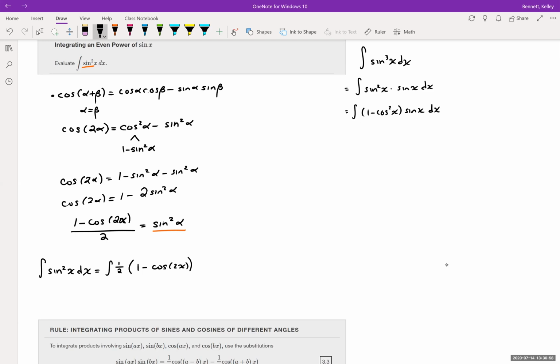If I had 10x, this would become 20x. And we don't even need a u sub for this. So this is just going to be x minus 1/2 sine of 2x plus c.